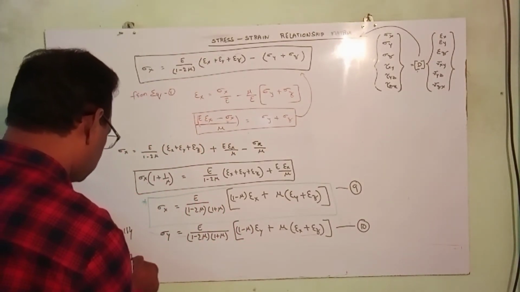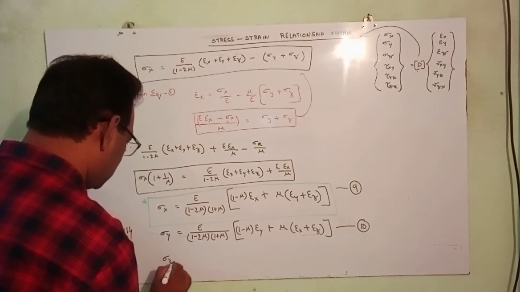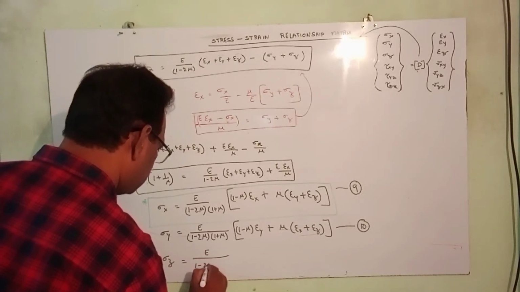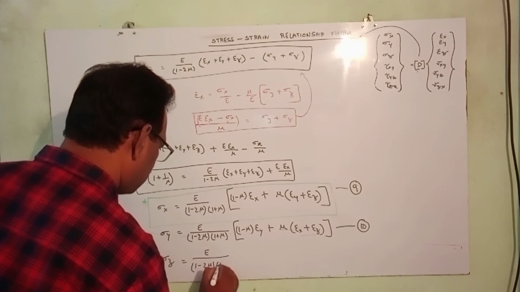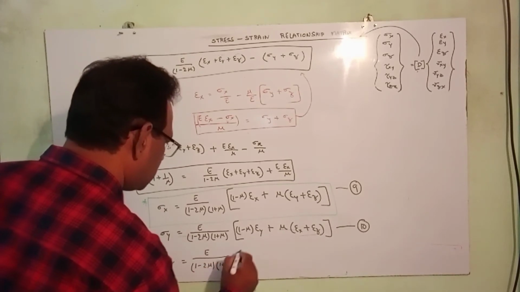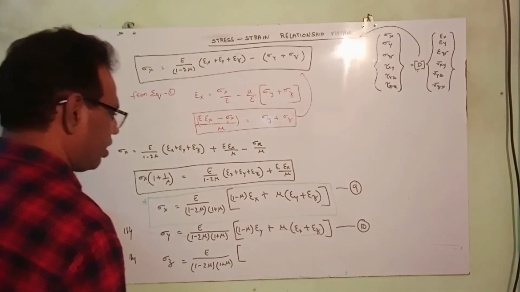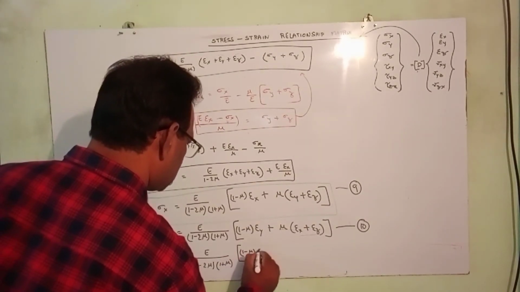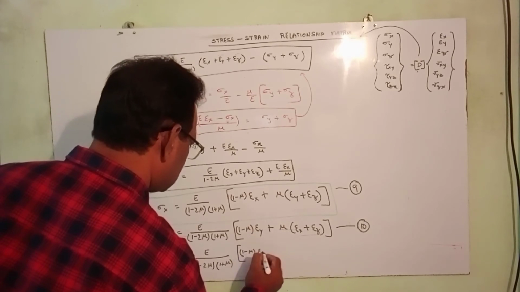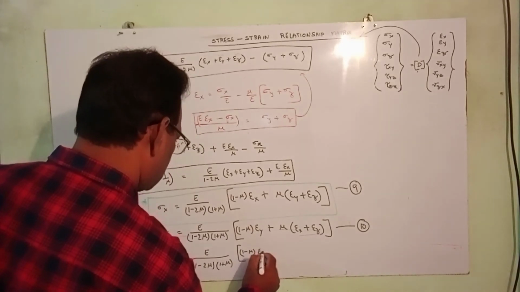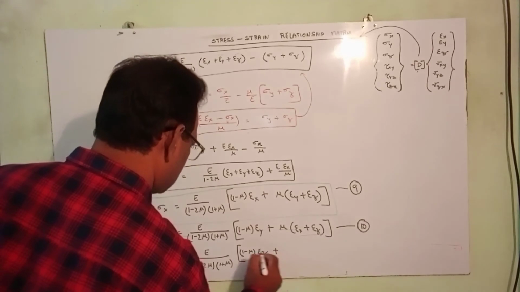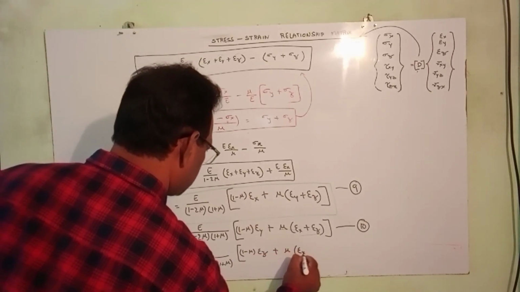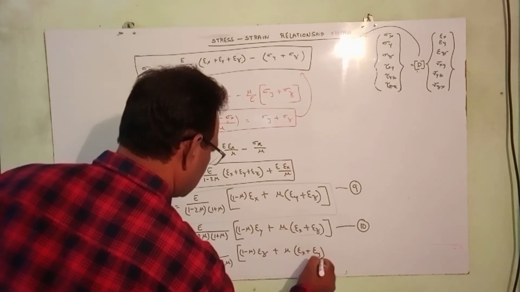Similarly, you can also write sigma z equals E by (1 minus 2 mu)(1 plus mu) into (1 minus mu) into epsilon z plus mu into (epsilon x plus epsilon y).